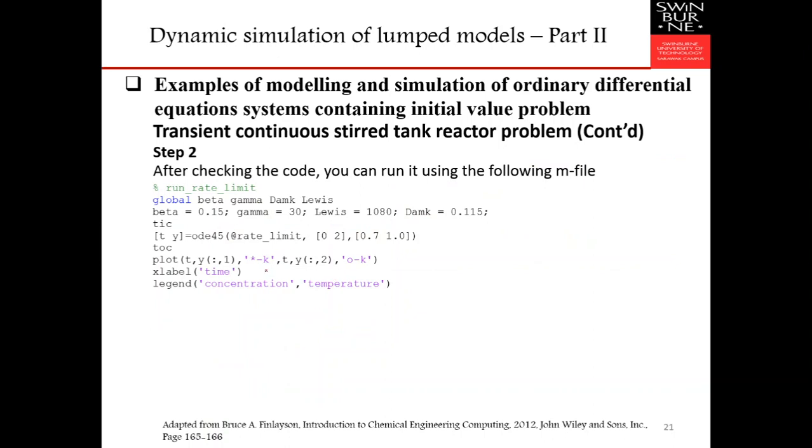Then we make another M file that will run using that function file. It uses ODE45 to solve the ordinary differential equations over the time span of 0 until 2, using the initial value of 0.7 for the concentration and 1 for the temperature.